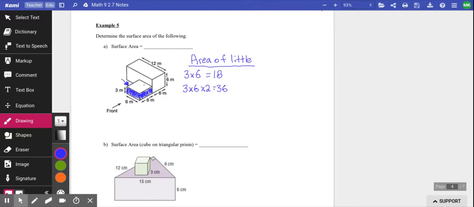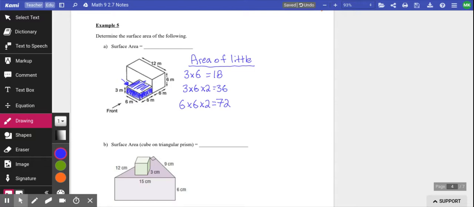Awesome. Now I'm going to do the top. The area of the top would be 6 times 6. And then I'm going to times by 2 because of the bottom. The bottom we are going to include because we're going to pretend this is a shape I can pick up and put down.